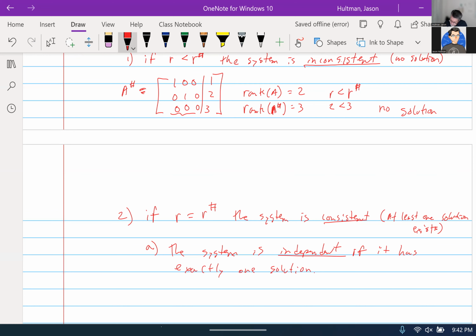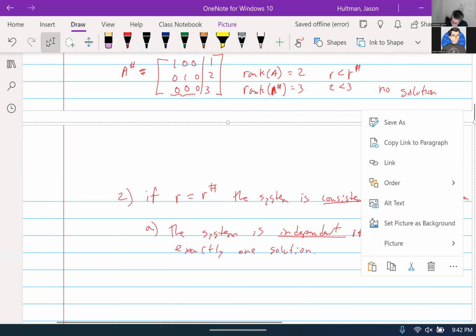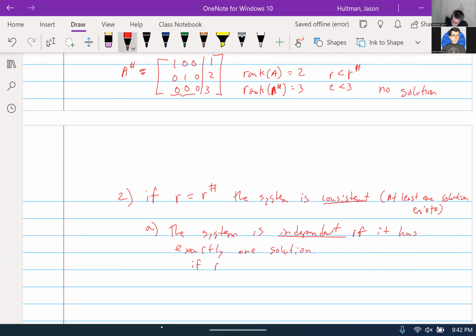That is, if R pound equals N, then that would be the number of columns in A. R is the rank, right?